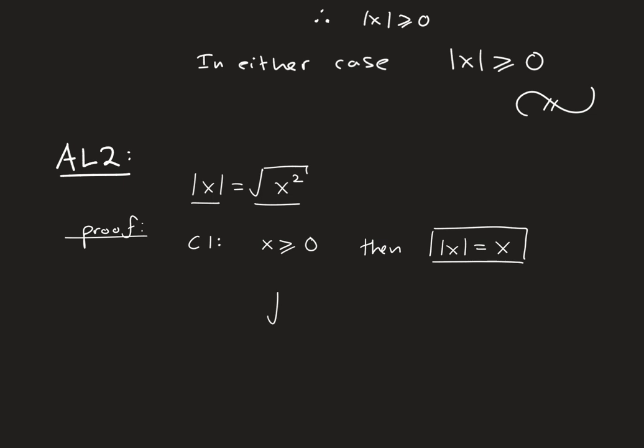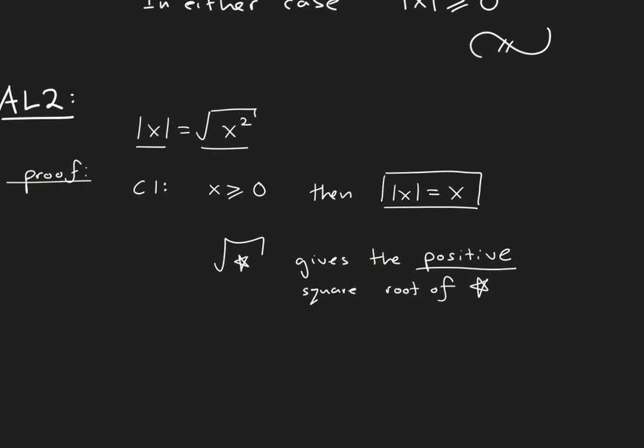Now, the square root of star gives the positive square root of star. All right? That is by definition. Always, if you see a square root, it's never plus or minus root star. It's just root star.